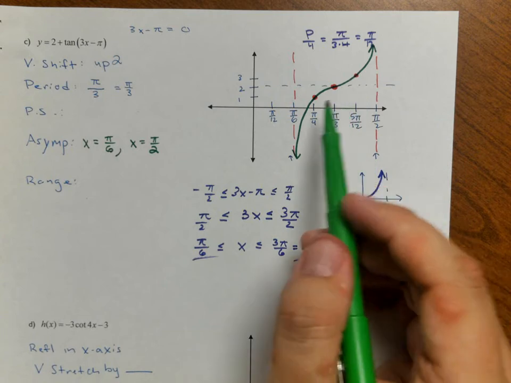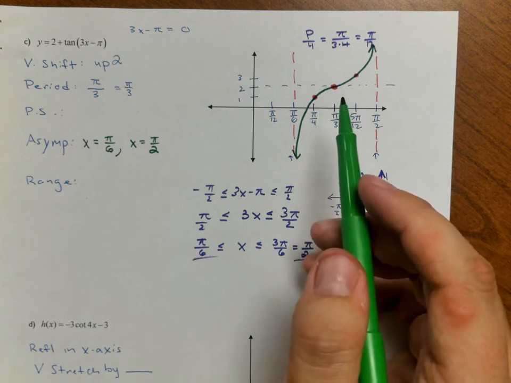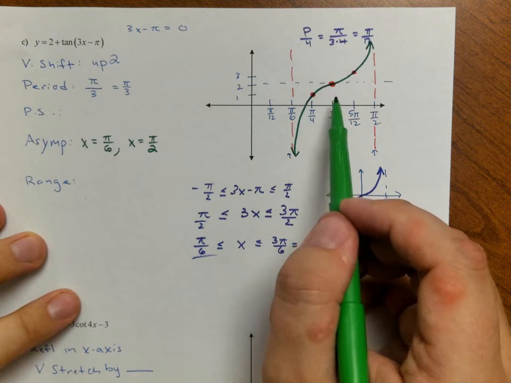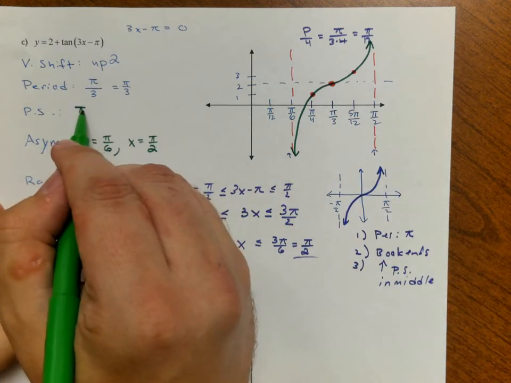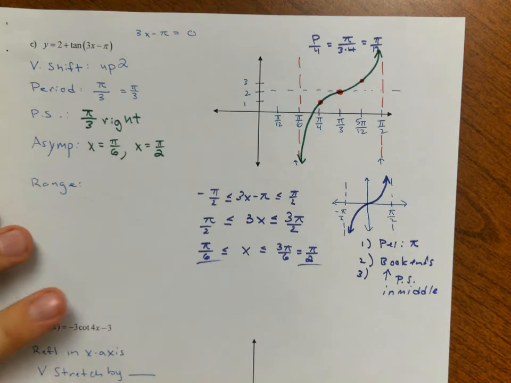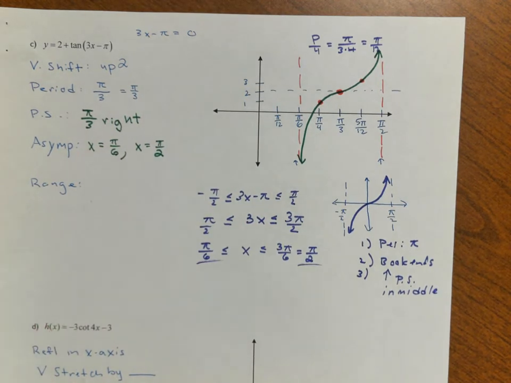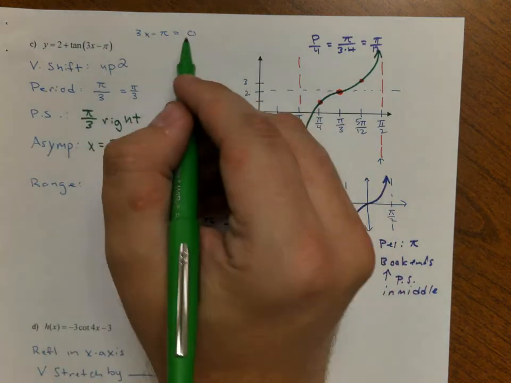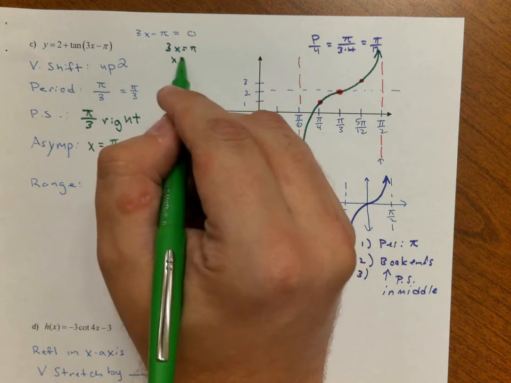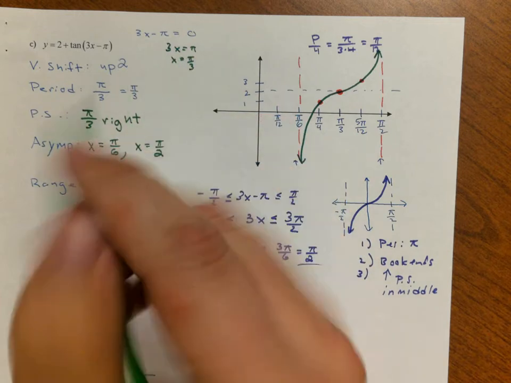Well, if we've done this well and our numbers work out nicely, I can see what's right in the middle: pi over 3. So my phase shift is pi over 3 to the right, which again, as I've been trying to emphasize, we could also just take 3x minus pi equals 0 and solve this. 3x equals pi means x equals pi over 3, and there's my phase shift.